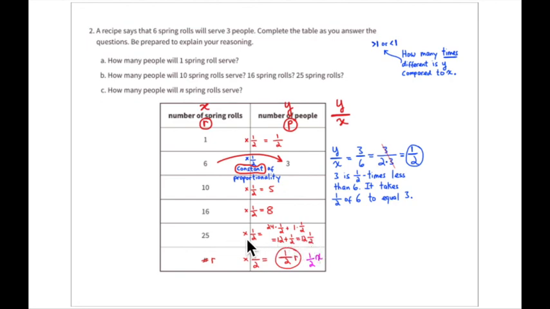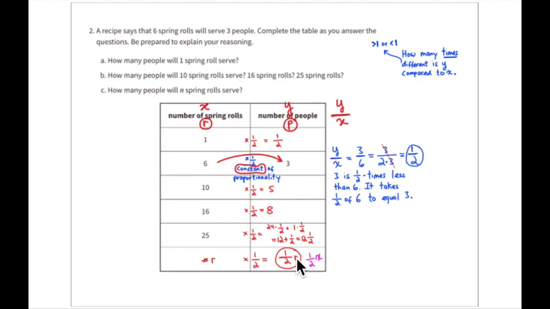So 1/2 of 25, I just broke it up into 24 times 1/2, plus 1 times 1/2. So 24 times 1/2 is 12, 1 times 1/2 is 1/2. Add them together, you get 12.5.